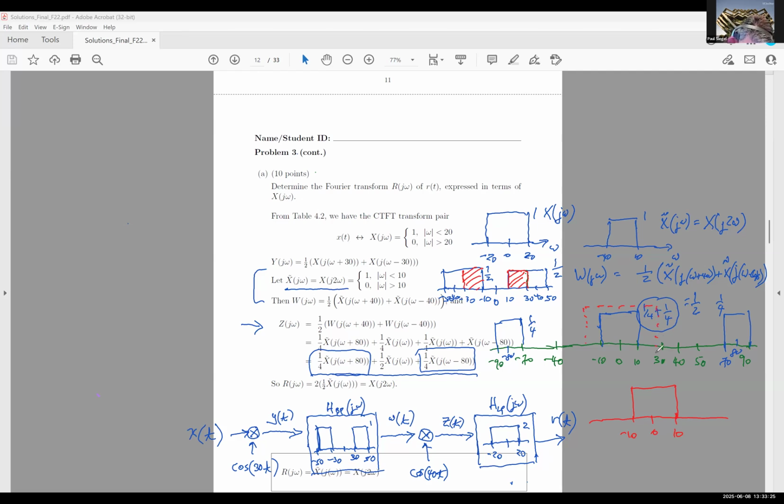And then it multiplies by 2, so that scales it back up to being equal to 1, because of that gain factor. So R of j omega looks like this now. Which is exactly the thing that we defined as the x tilde of j omega, which is x of j times 2 omega.